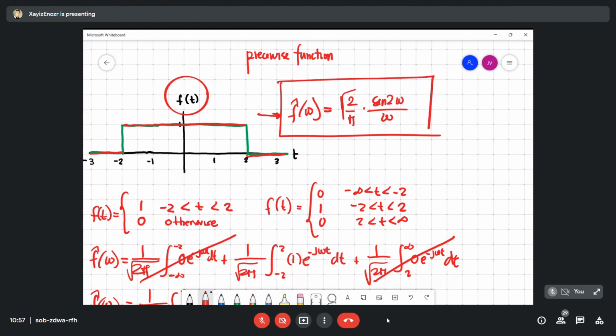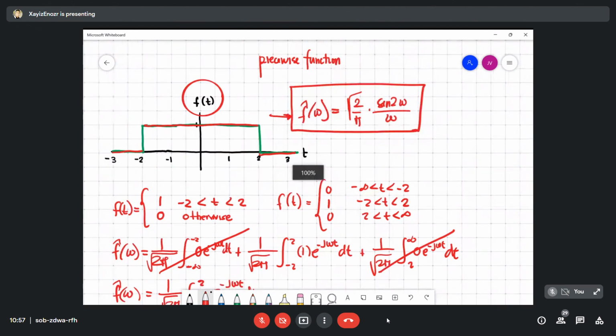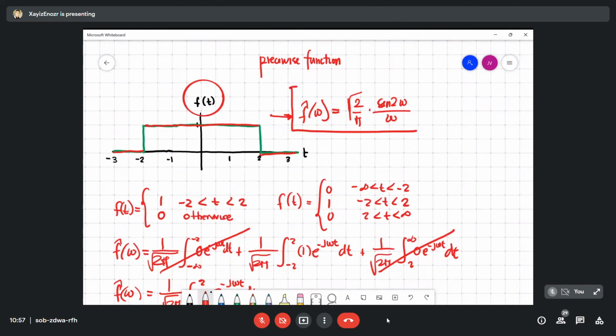So mapapansin nyo, dapat ang sagot nyo sa variable is omega. Omega is a function of frequency, kasi sabi ko kanina, 2 pi f yan.